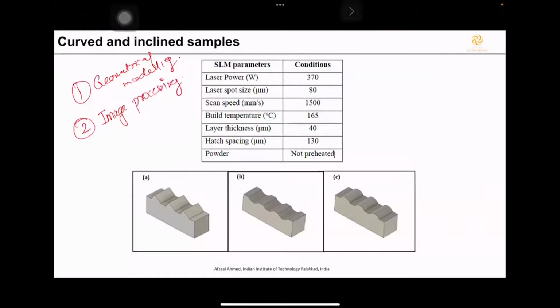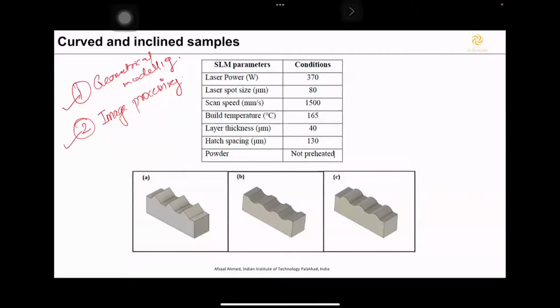Image processing means we take the sample after printing and extract the data from the image of the printed component, and we see if there is any way we can play with the geometry of the particular sample or feature, and whether we can suggest some ways to improve the dimensions in the next printing cycle. So these are the two major things we are taking up in the dimension inaccuracy part.